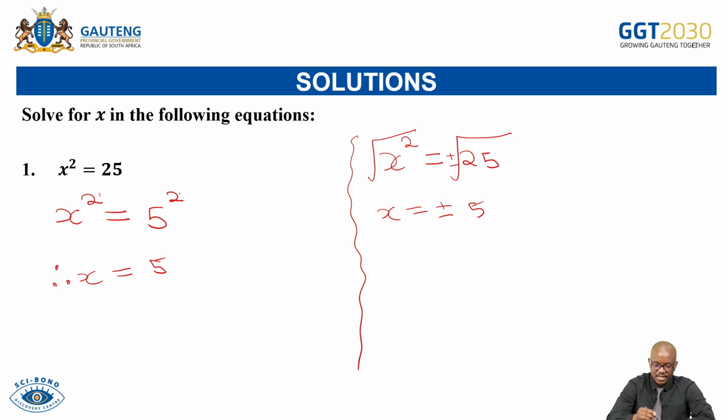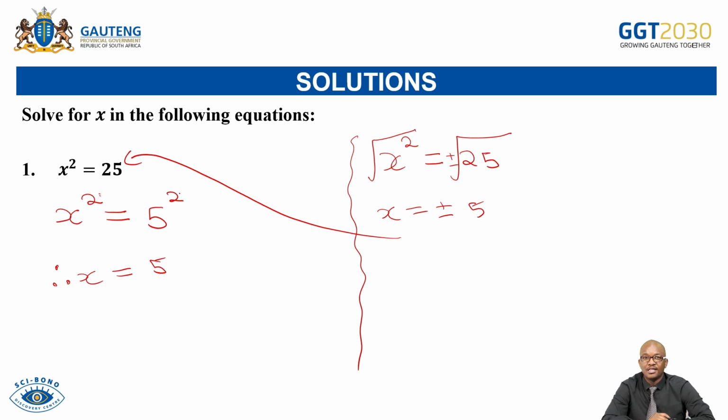But if we test them in our equation, both of them will give you positive 25. Hence, we are applying the rule of exponential equations, where if the exponents are the same, we equate the base. So either of the two will be correct.